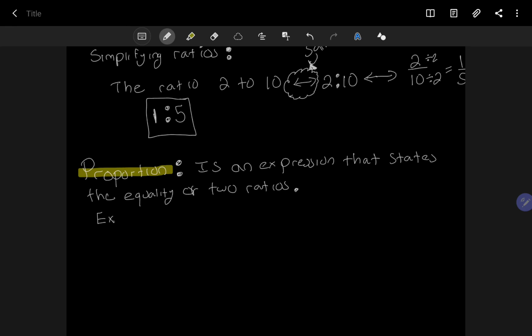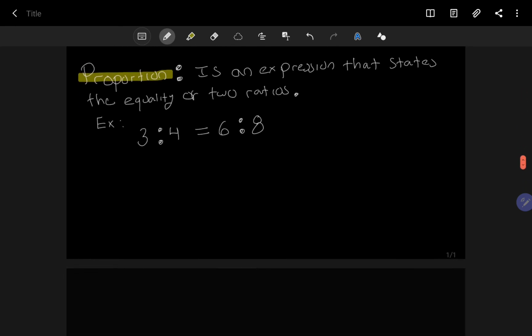For example, consider this. The ratio of 3 to 4 is the same thing as 6 to 8. Is that true? Yeah, because think of it this way. If we rewrite this as a fraction, we got 3 over 4.